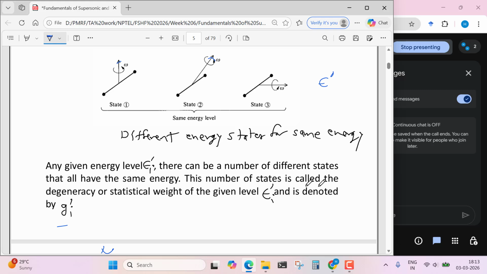This number of states is called the degeneracy or statistical weight of a given level epsilon i dash, and is denoted by Gi dash. So the number of states which have the same energy level is called the degeneracy, and is given by Gi.